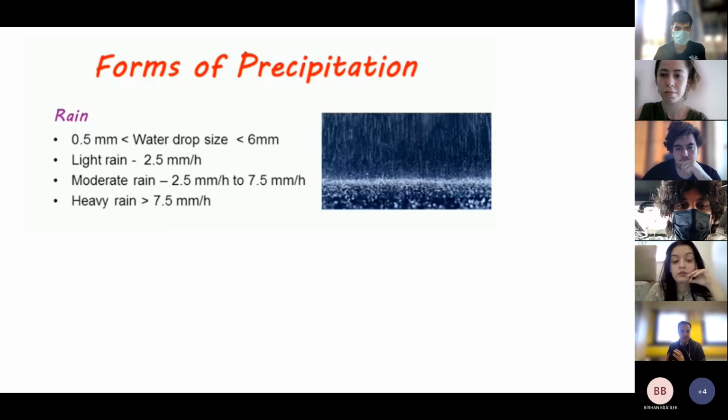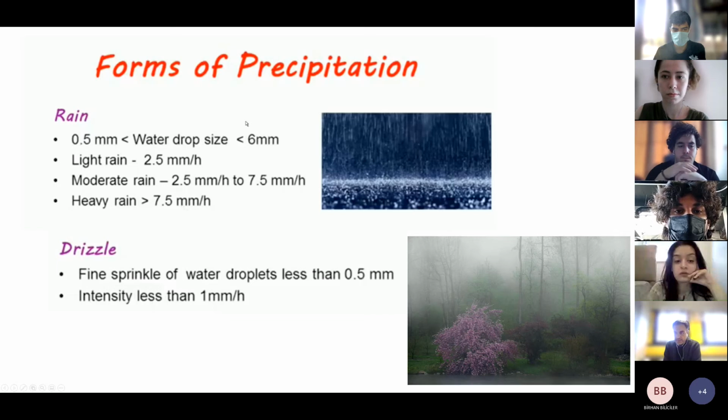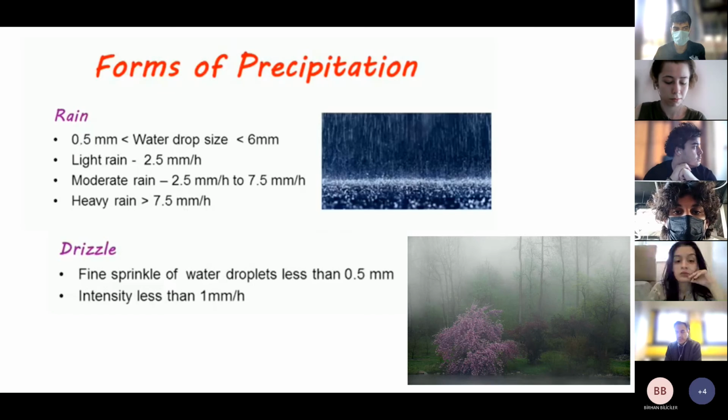It depends, but in general, hydrologists accept this classification. Okay, but what is drizzle? As I told, this is a fine sprinkle of very small water droplets, less than half a millimeter, and the intensity is less than 1 millimeter per hour. And it is similar to the fog that you know, okay?